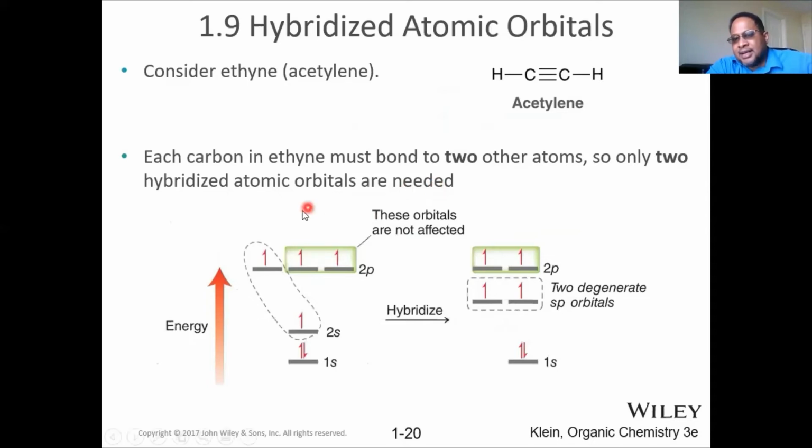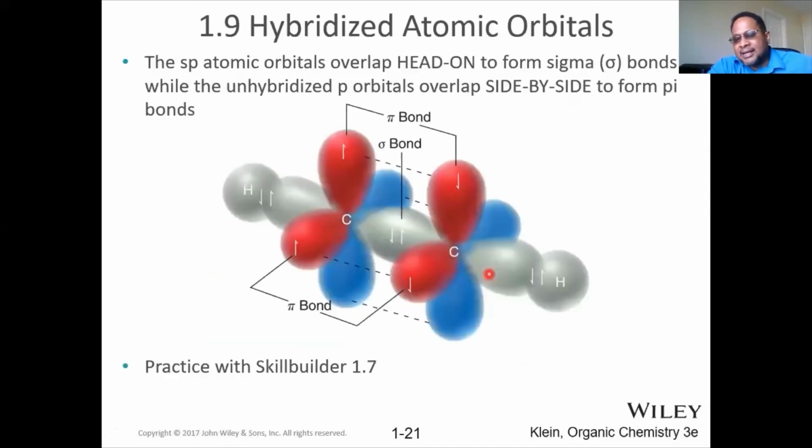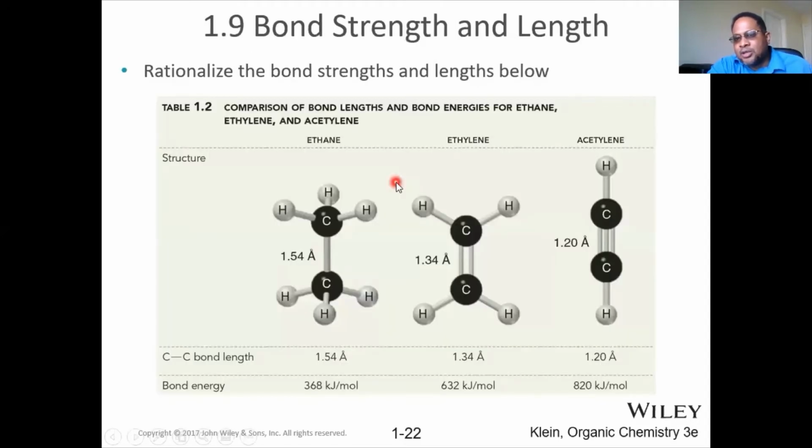Same deal. In this scenario, you're just simply mixing an s orbital with one of the p orbitals, so you only form two degenerate sp orbitals, and you have two p orbitals that are unaffected. As a result, you have a sigma bond with another carbon, and then you have two side p orbital overlaps to give you your triple bond.